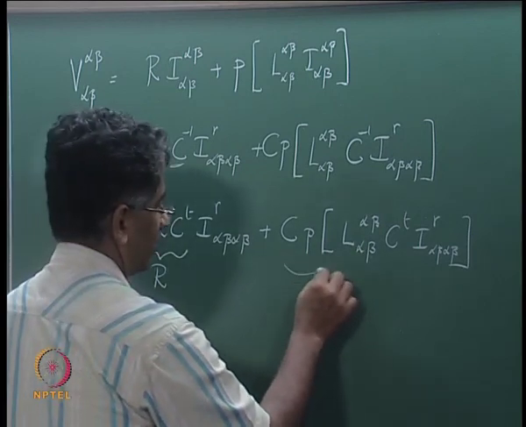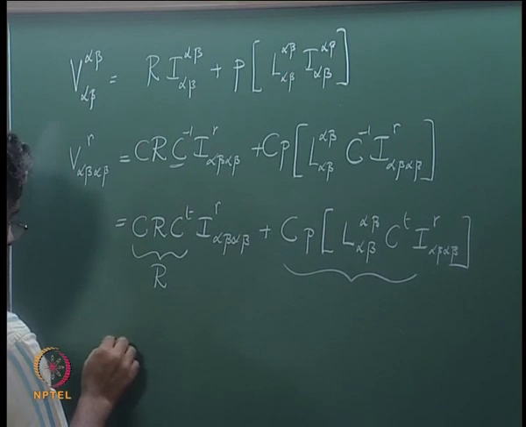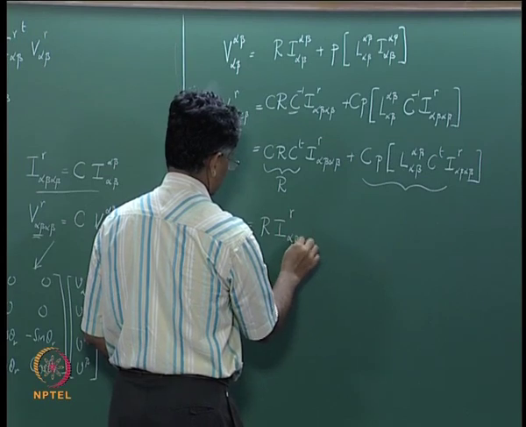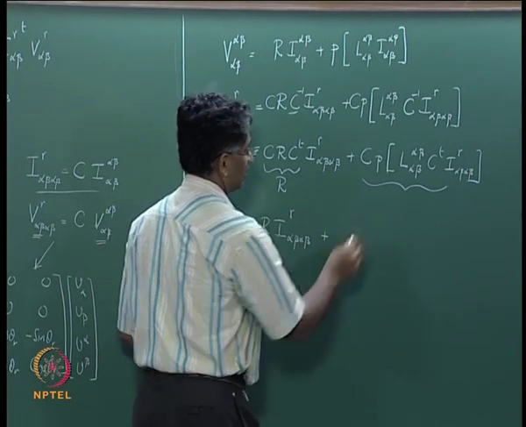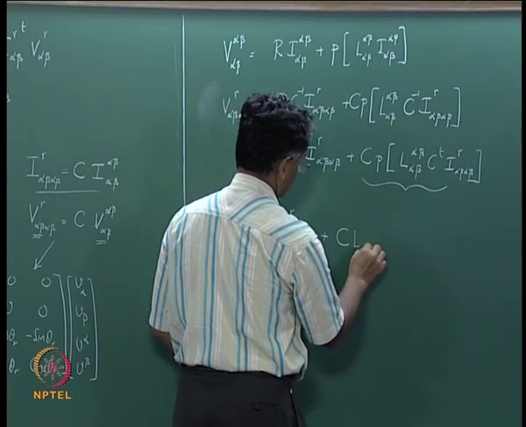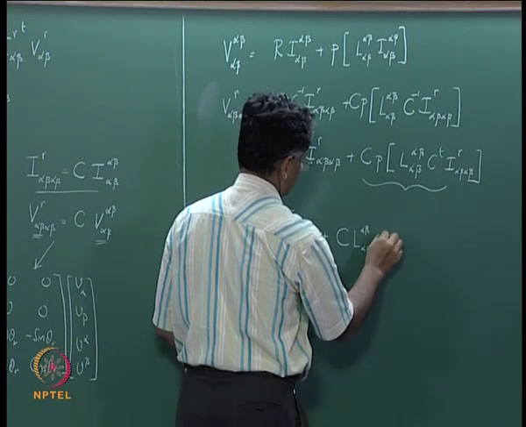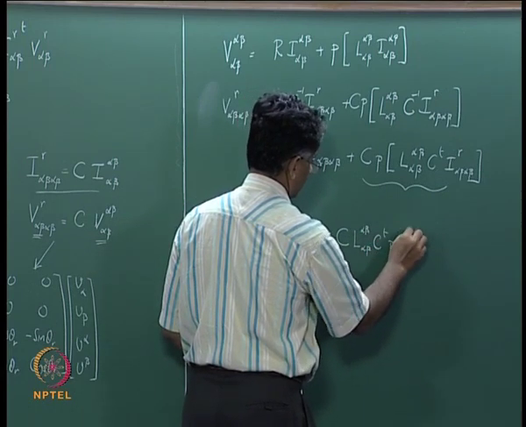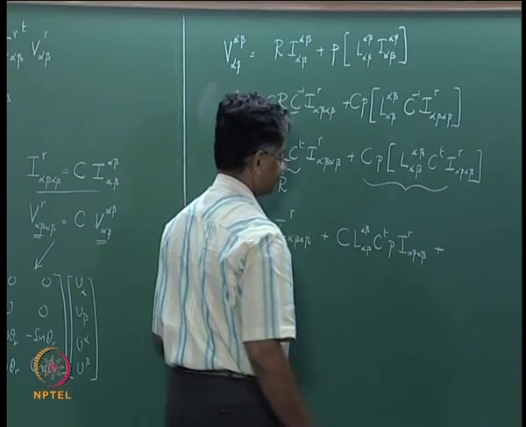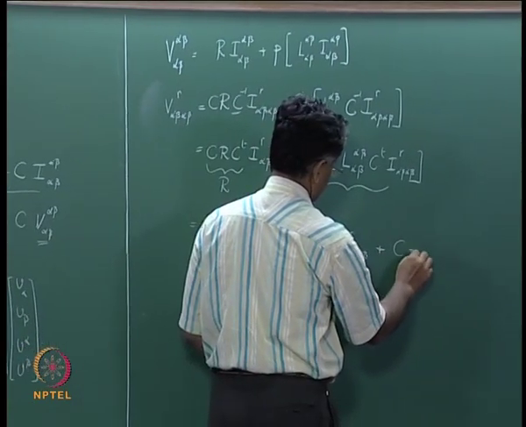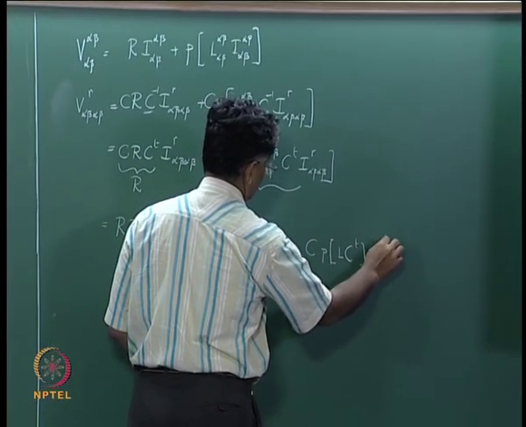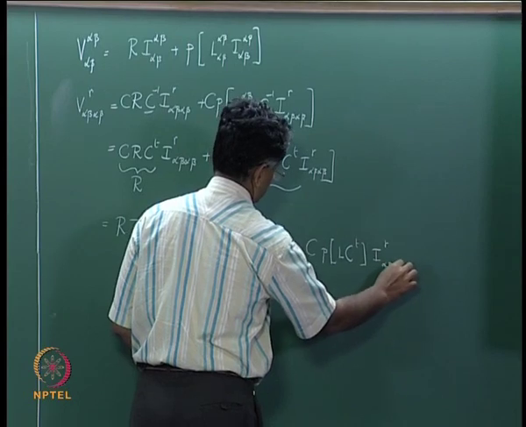We need to focus on this part of the expression, and therefore that can now be written as I times R alpha beta plus this expression can be written as C L alpha beta C transpose P of I R alpha beta plus C times P of L C transpose into I R alpha beta.